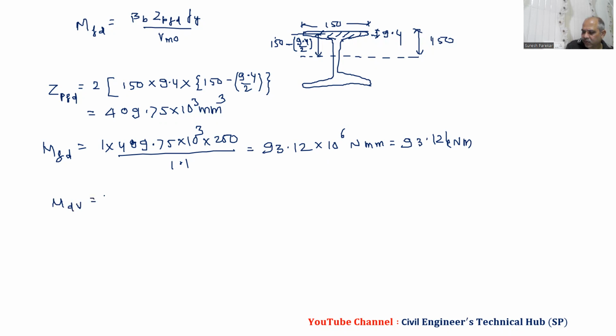And then we have to find out MdV, which is equal to Md minus beta in bracket Md minus Mfd.